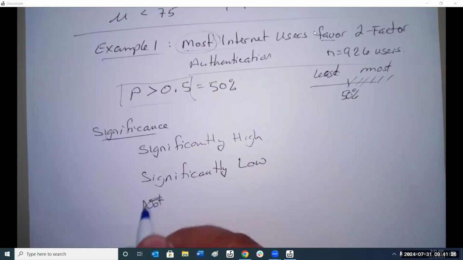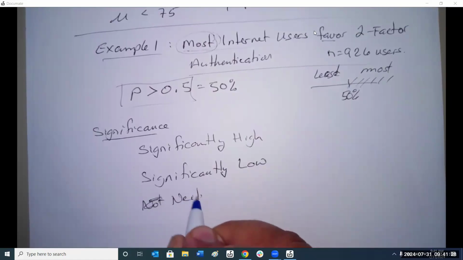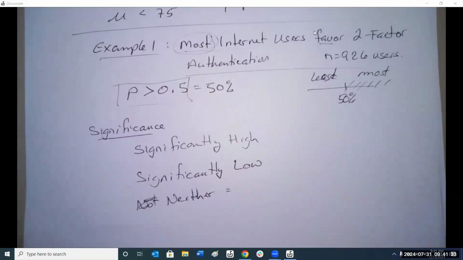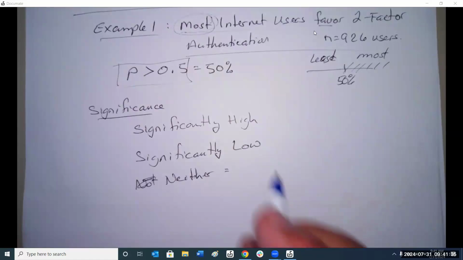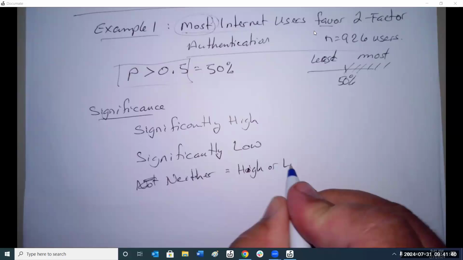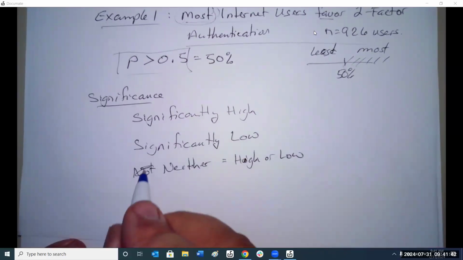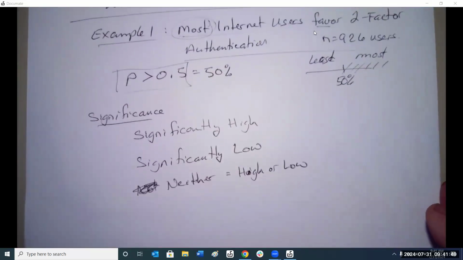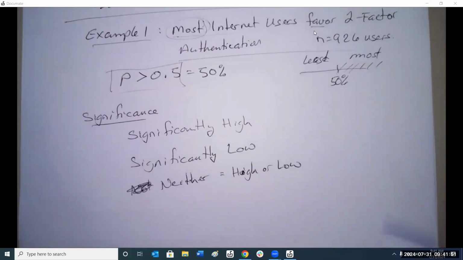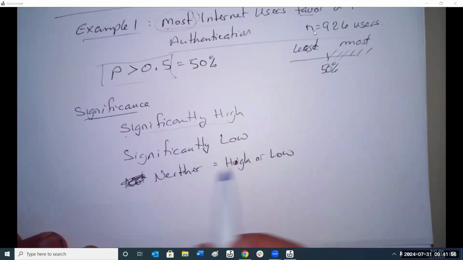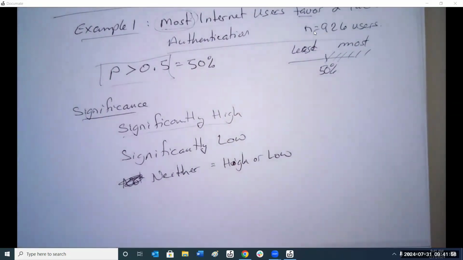Or neither? High. Or yes. No, it says neither high or low. That's when you say neither, because it's either significantly high, significantly low, or neither significantly high or low.